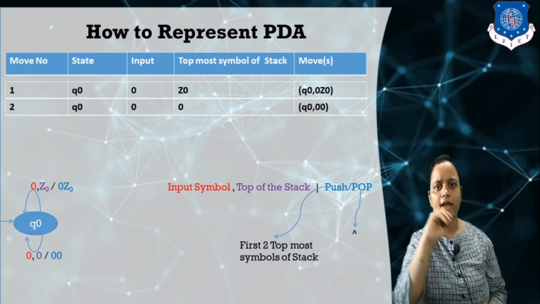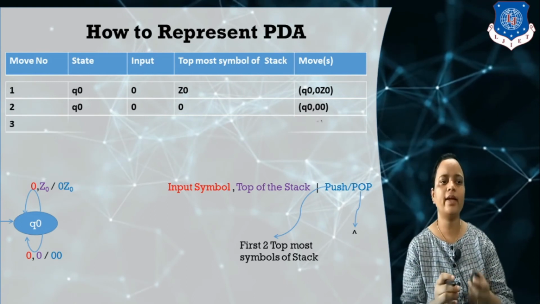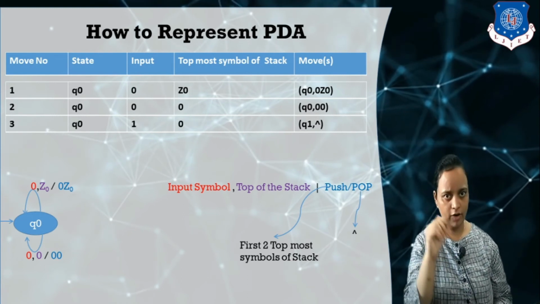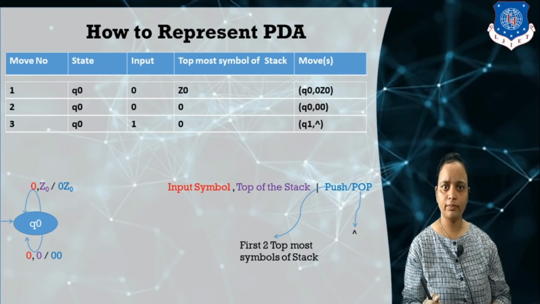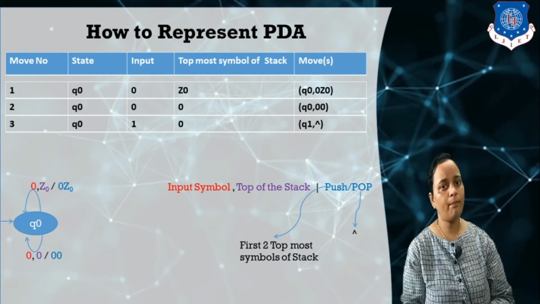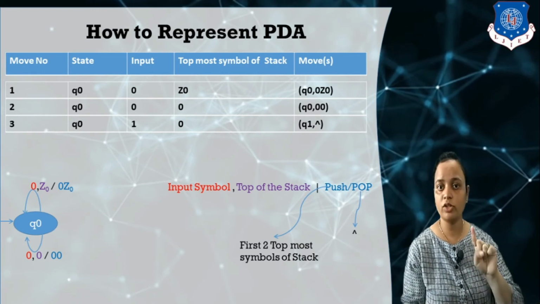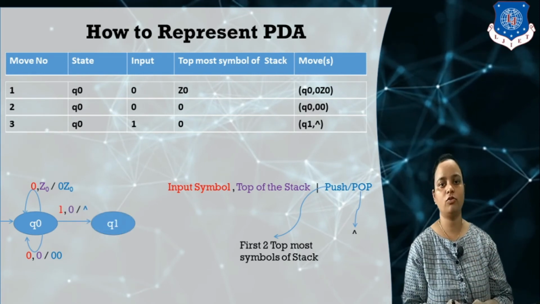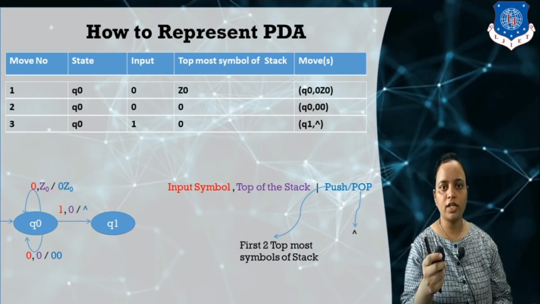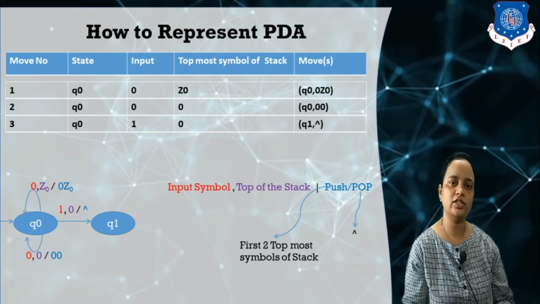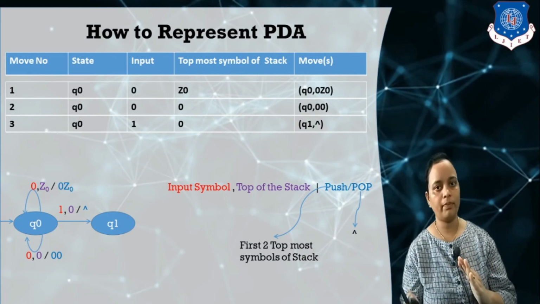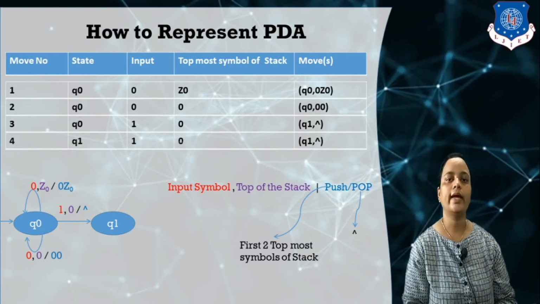Now if I read a 1, at that time I change the state. On state q0, if the input is 1 and my topmost symbol is 0, we perform a pop operation, and when I read the first 1, I change the state to Q1. Now if any number of ones come in the input, we perform the same transition: input 1, topmost symbol 0, perform a pop operation, mentioned as a self loop.